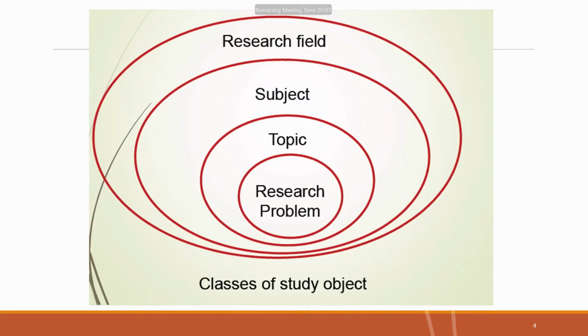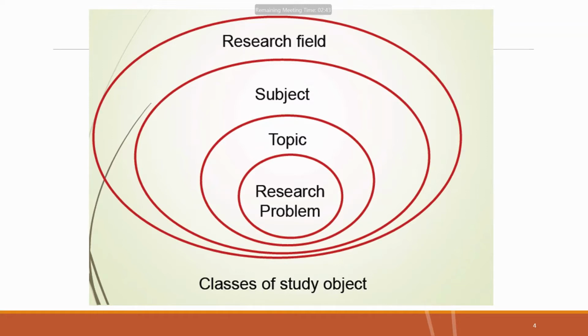Because if you are dealing with a research problem but you are not aware of the topic or subject of your research, you cannot select the most relevant quality criteria or research method to deal with it.